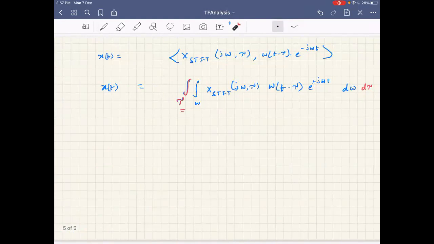So let us see how other kinds of time frequency analysis help in this. Before we move on, let us see, is there any different version of this window function?